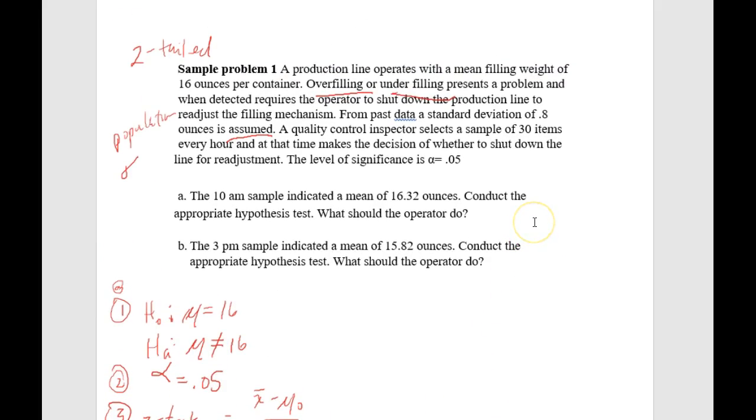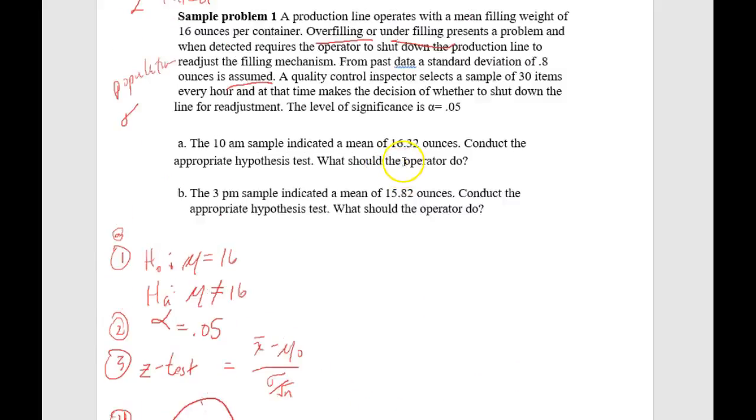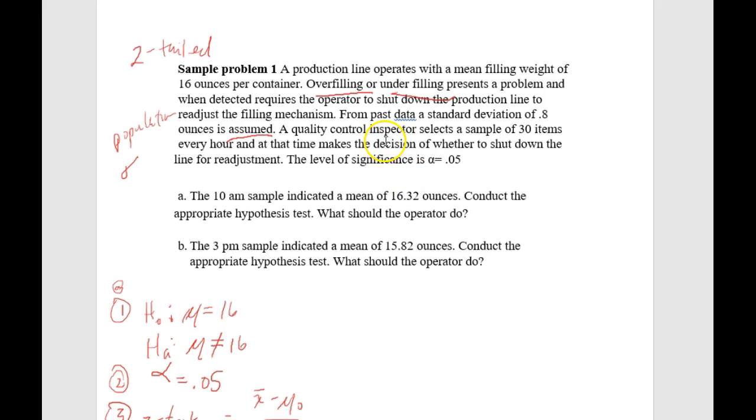Mu naught is the assumed value, right? We actually have this in the hypothesis, but it's also in the problem. So 16, that's what mu naught is. Okay, x bar is our calculated sample mean.